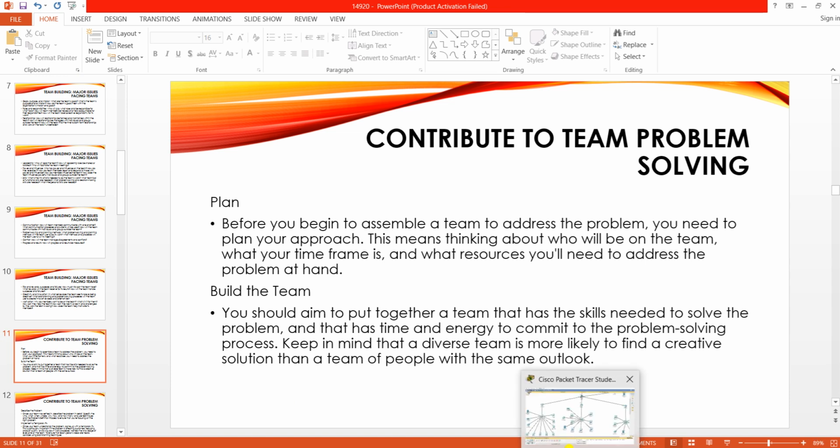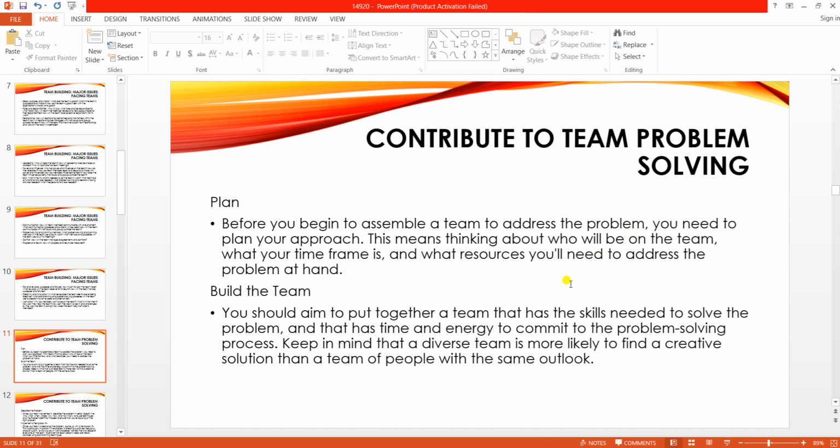Now the first thing that needs to happen is you need to plan. You need to have a plan. Before you begin to assemble a team to address the problem, you need to plan your approach. This is important. This means thinking about who will be on the team, what your time frame is, and what resources you will need to address the problem at hand. It's very fruitful when you plan ahead in terms of what needs to be done about the problem that you have encountered.